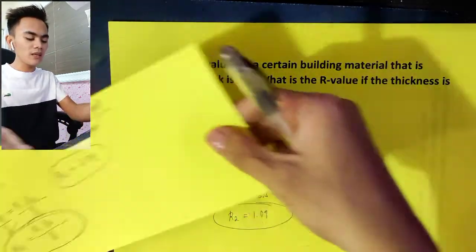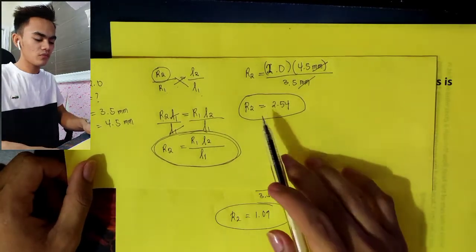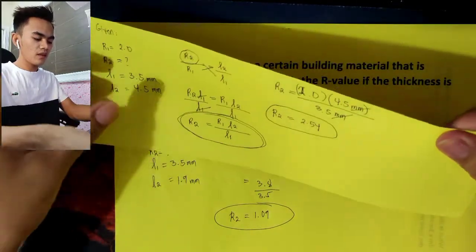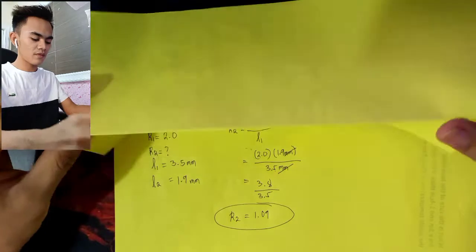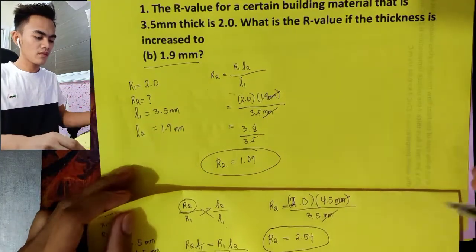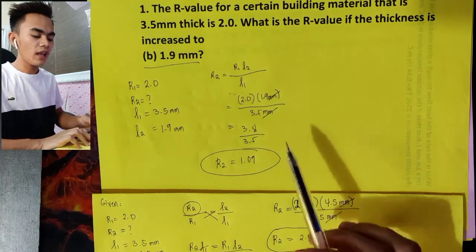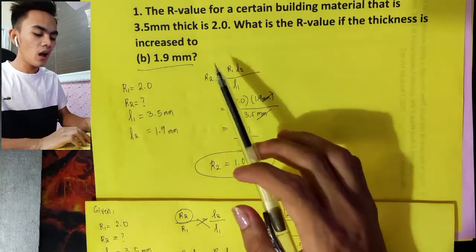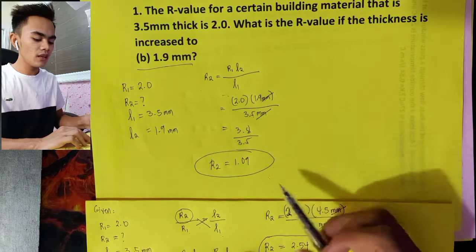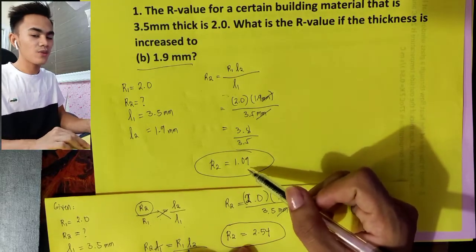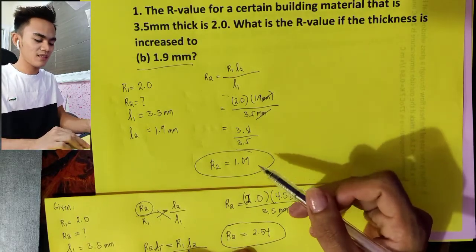As we observe here, the R2 of letter A is 2.54 and the R2 for letter B is 1.09. So there is a big difference.